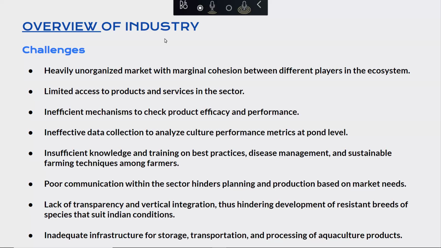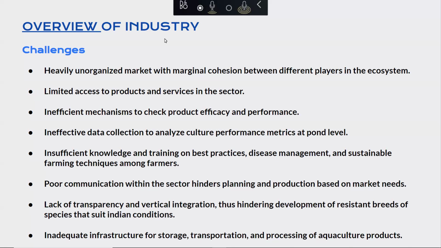But this amount of data, they are unable to use it effectively because there is too much data. If you have 20 farms and you are feeding 6 times a day, that is 120 data points per day. And if you spread it across a culture period of 120 days, just noting down in books, you can't compare one pond to another.